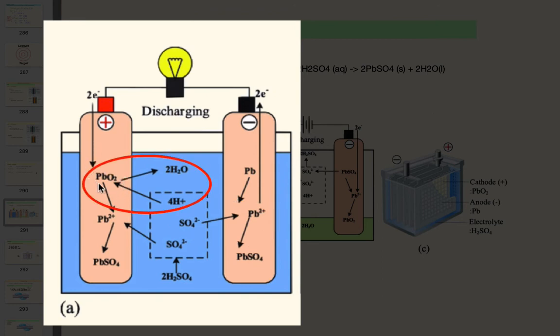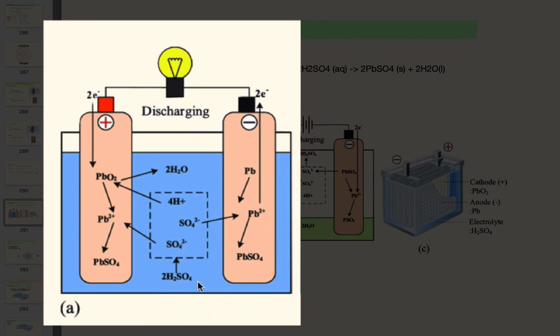Meanwhile, the electrons travel through your starter to the other side of the battery, and there we have a reaction of the lead oxide with 4 moles of hydrogen ion. It uses 2 electrons to make the water from the lead oxide, and it gets the other 2 electrons from the lead, making lead-2 ion, which then pulls sulfate from the solution and makes lead sulfate on that side of the equation, at that electrode as well.